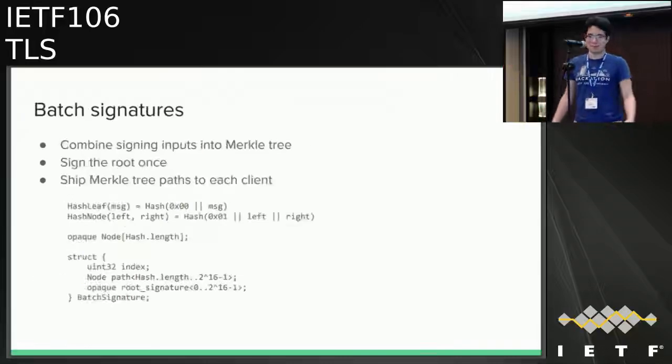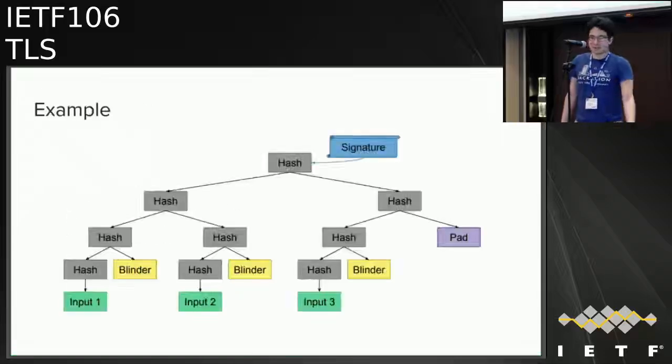So the proposal is you combine a bunch of concurrent signatures into a Merkle tree, sign one thing, and that will cover exponentially many clients, and that way we can amortize the cost. The structure is fairly boring. You can either hash a leaf or hash two nodes together, and then the signature is a path. This is more useful with a picture.